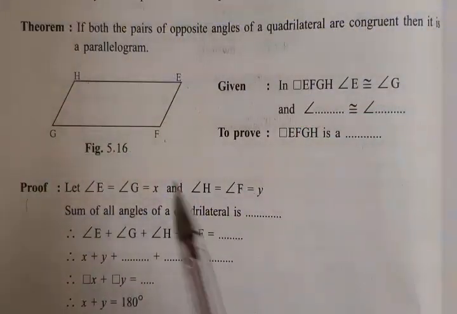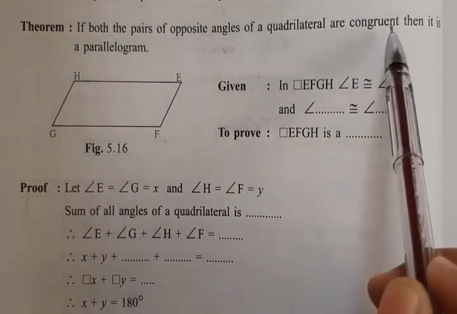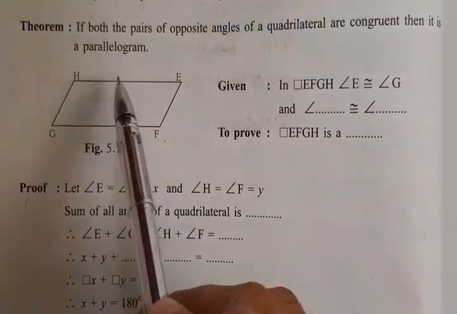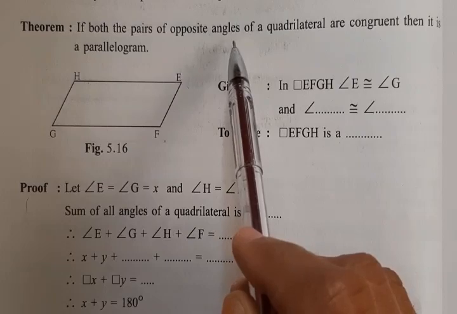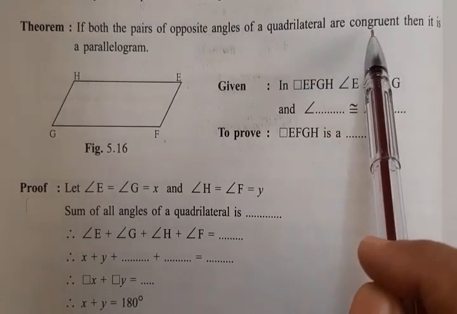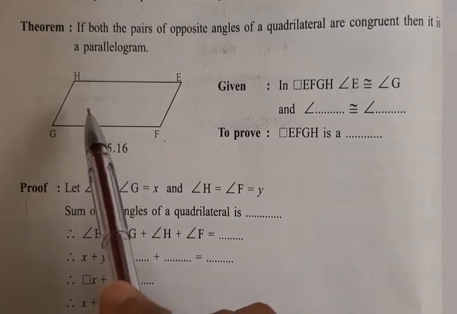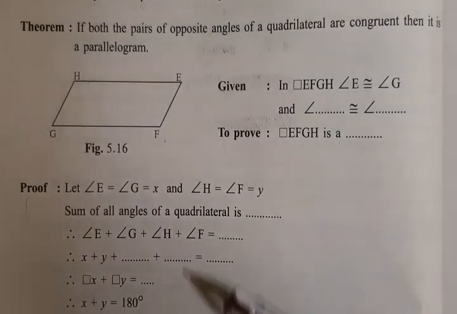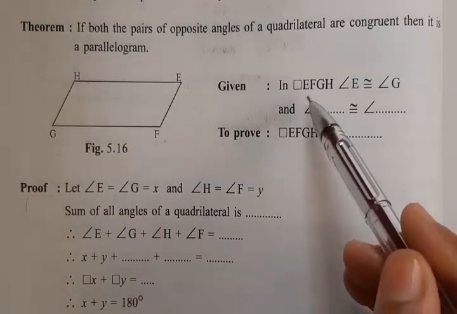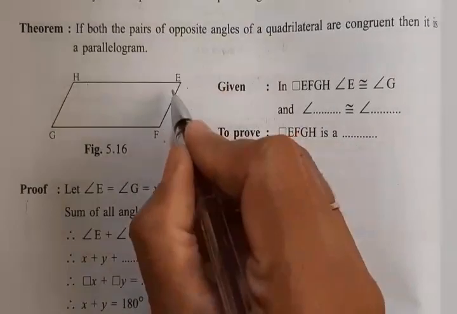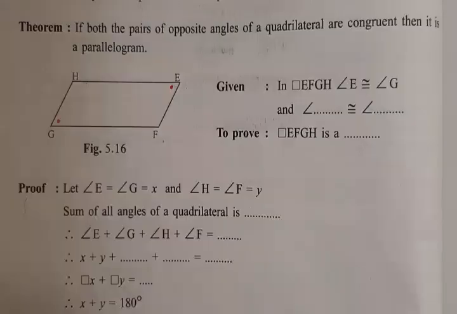See the next theorem. If both pairs of opposite angles of a quadrilateral are congruent, then it is a parallelogram. Now here, opposite angles. Look at the diagram. Quadrilateral EFGH is given. In quadrilateral EFGH, angle E congruent to angle G. It is an opposite angle pair.